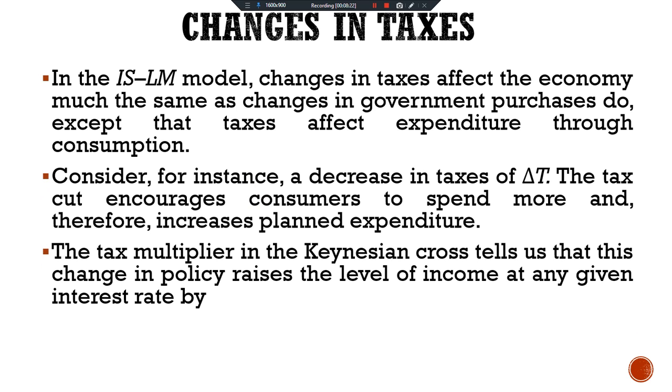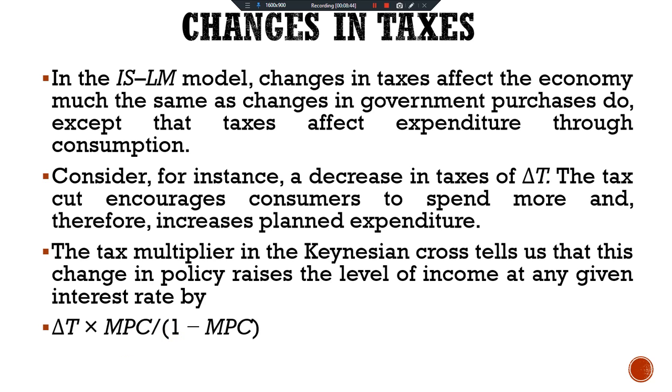The tax multiplier in the Keynesian cross tells us that this change in policy raises the level of income at any given interest rate by delta T times MPC over 1 minus MPC.